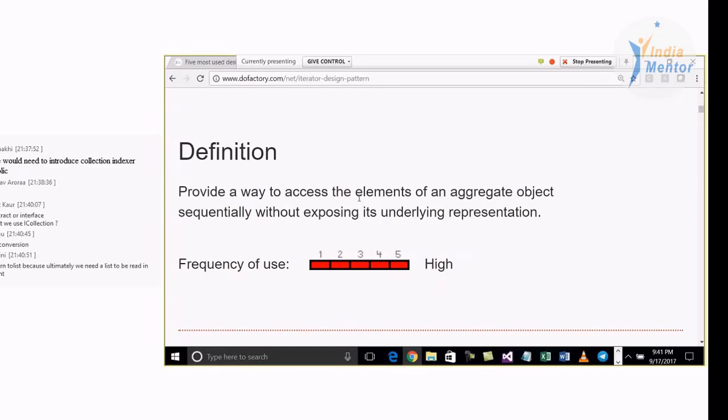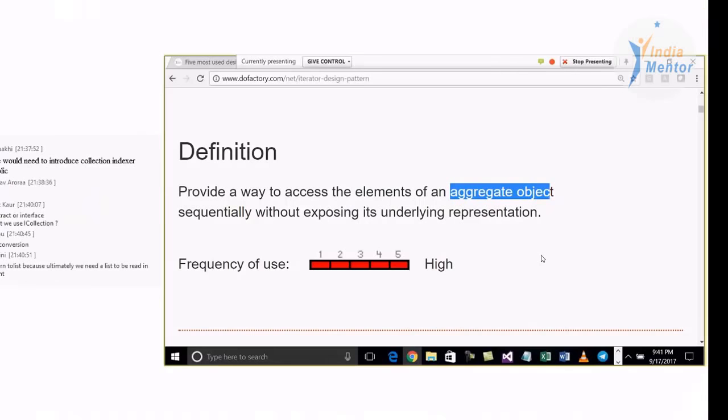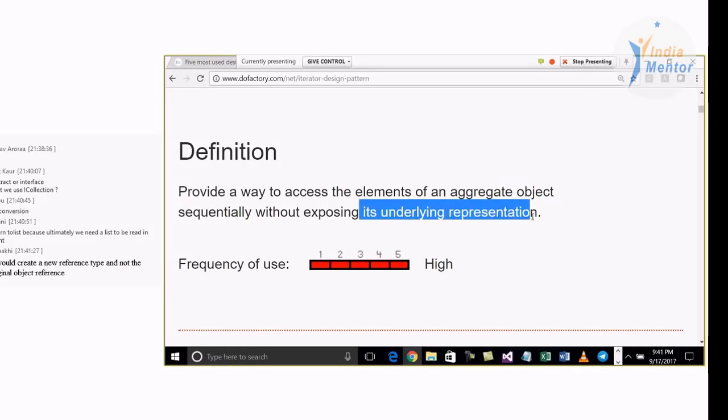You can see it provides a way to access the elements of an object in an aggregate root condition. If you don't have an aggregate root, then there is no iterator pattern. And look at those words, without exposing its underlying representation, meaning without exposing those manipulative methods, you can just do a for each.